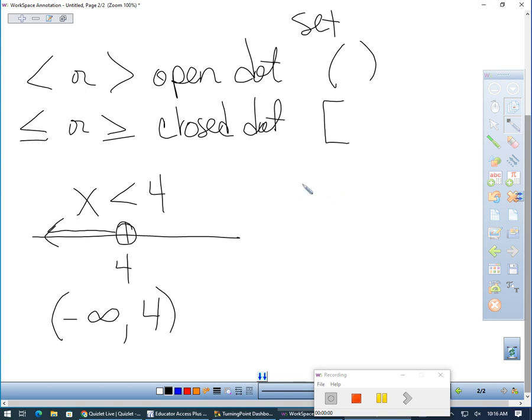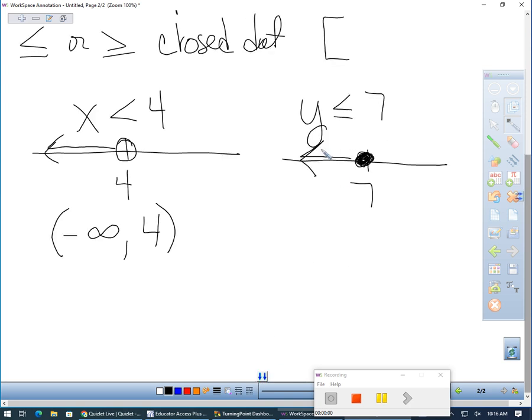So if I had y is less than or equal to 7, which on my graph at 7 would be a closed dot, and it would be everything smaller than 7, my interval notation for that, as I'm going across my graph, starting at my arrow, I start at -infinity, I go to 7, because it's a closed dot, it's a square bracket.